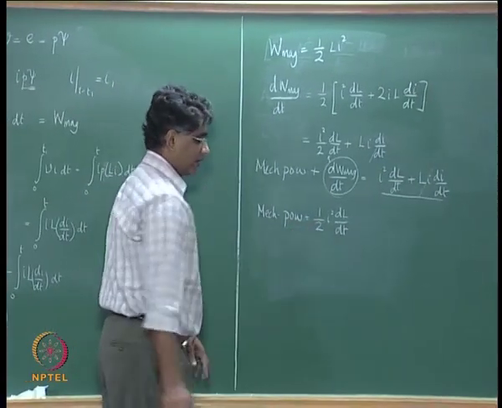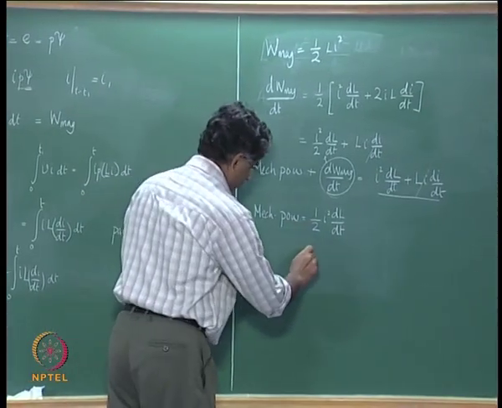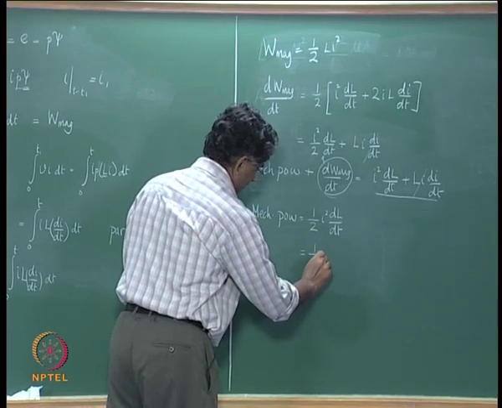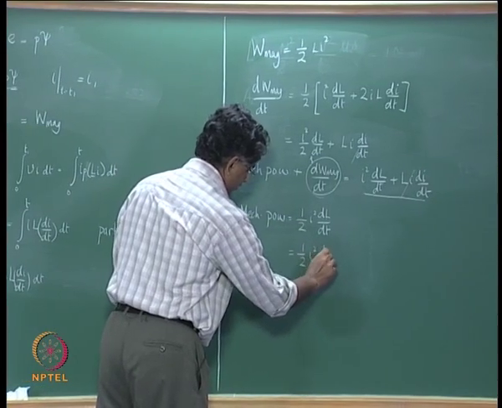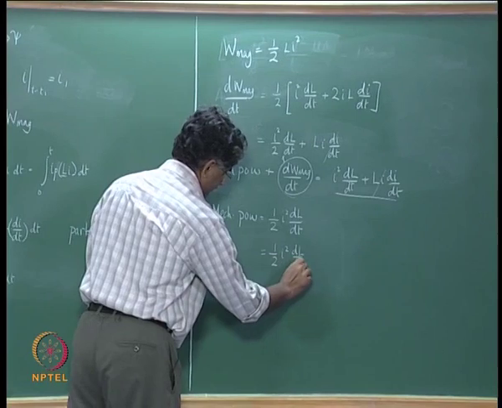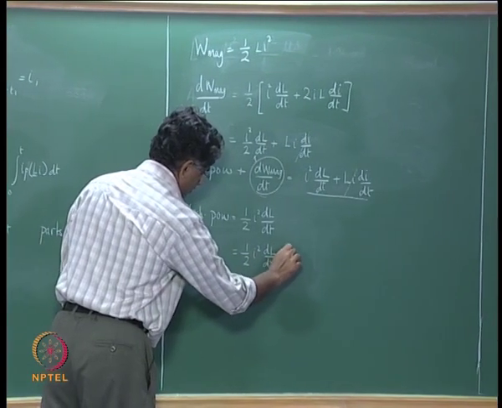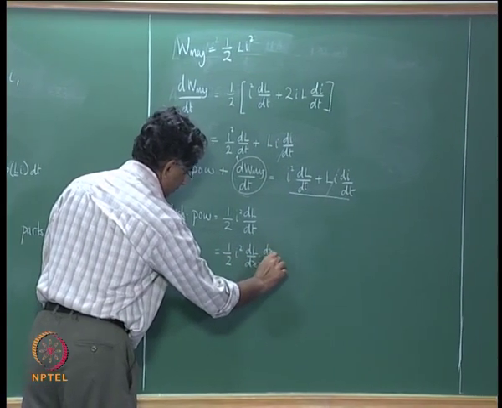Now this mechanical power can be written as half of I square dL by dx into dx by dt.